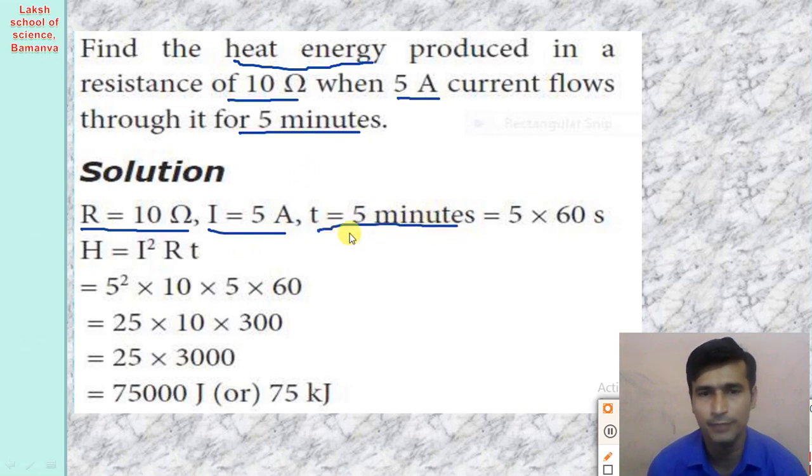So 5 minutes we first convert into seconds. It is 5 into 60, that is 300 seconds, right? So resistance R is 10 ohm, current I is 5 ampere, and time t is 300 seconds.